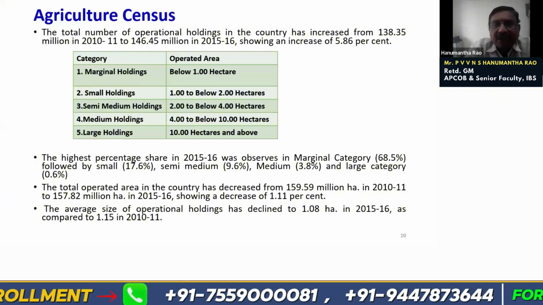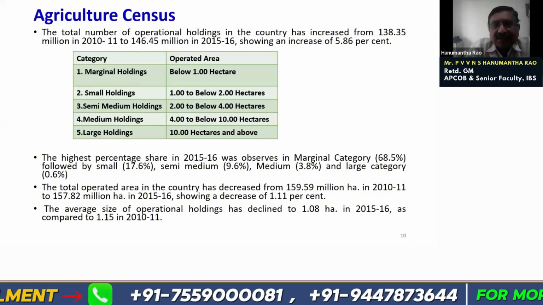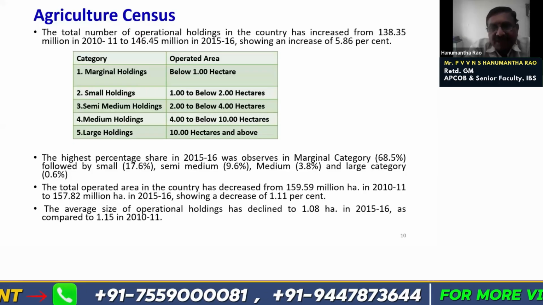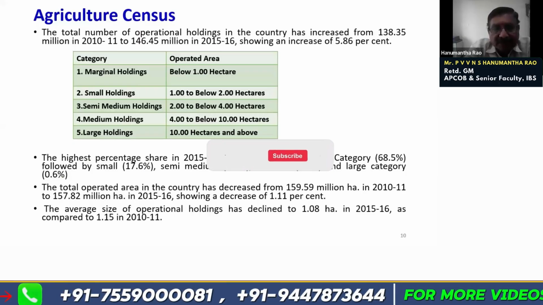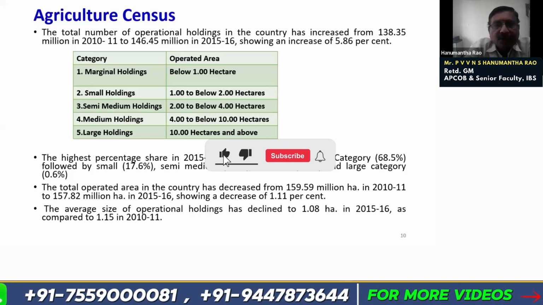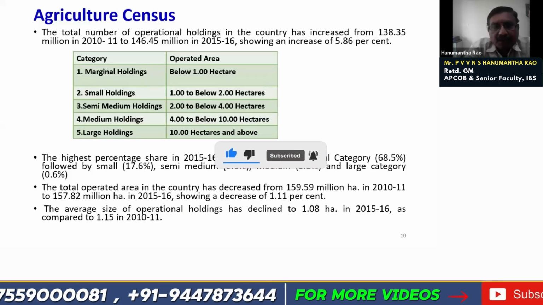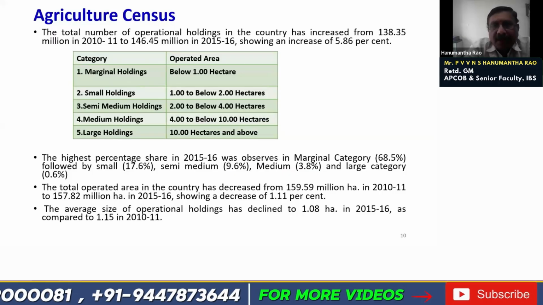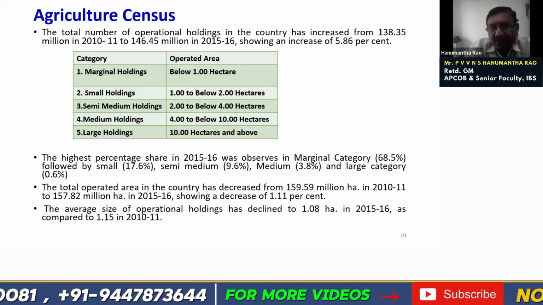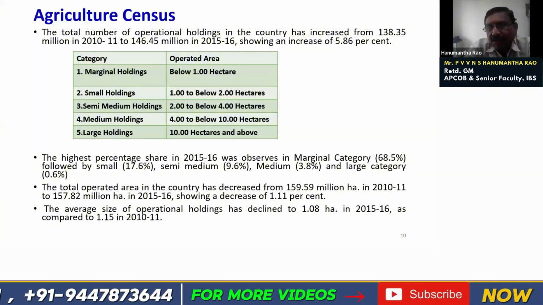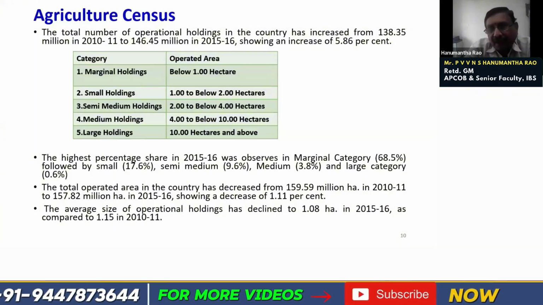So we are having 5 types of holdings here. One is marginal holding. Second is small holding. Third is semi-medium holding. Fourth is medium holding. Fifth is large holding. So operated area, below 1 hectare, 1 hectare to below 2 hectares. Kindly remember this operated area also.